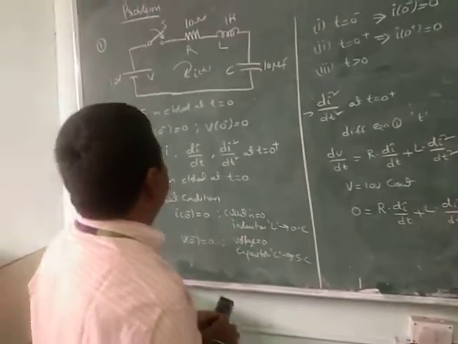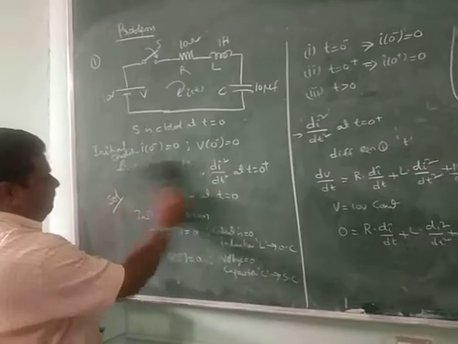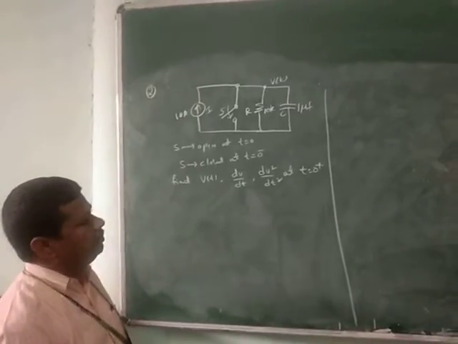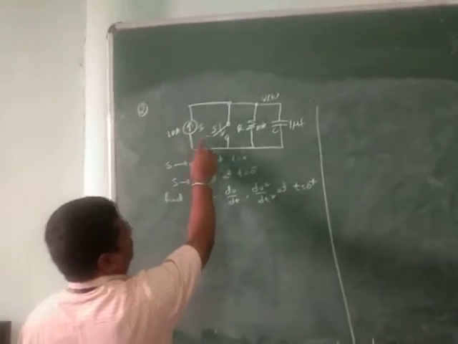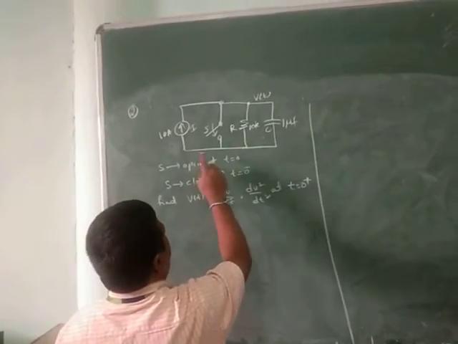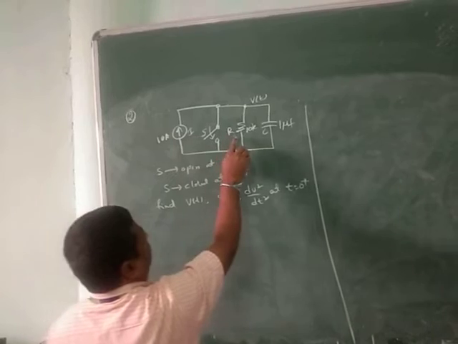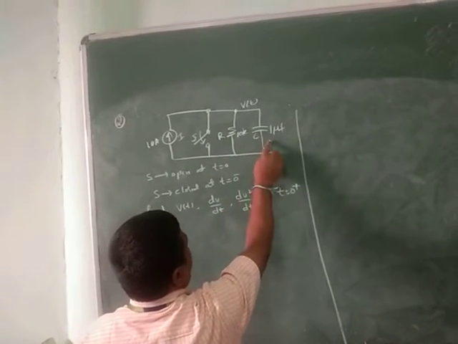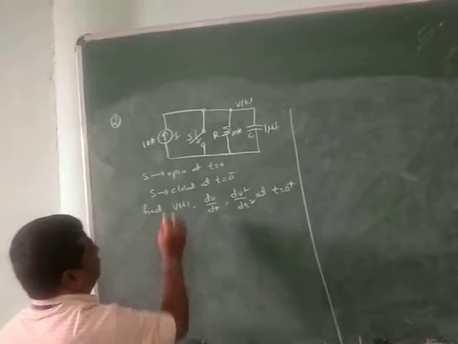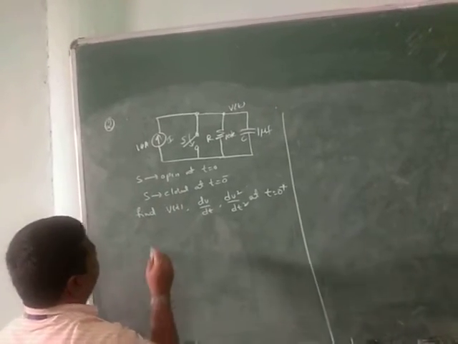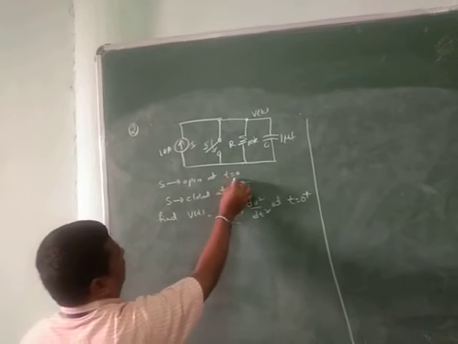Now we go to the second problem. Here in the second problem, I am given a current source. These three components are a parallel combination: current source, resistor and capacitor, also these two are in parallel. Now the given condition is, switch S is open at t is equal to 0.